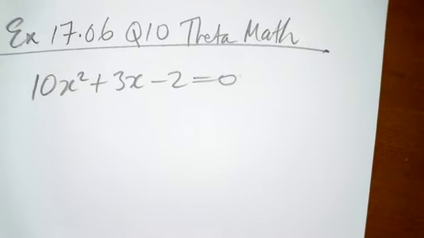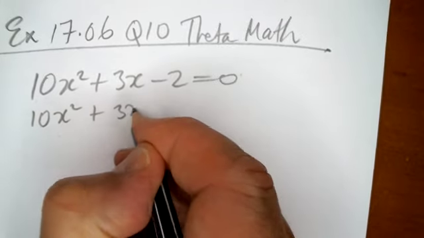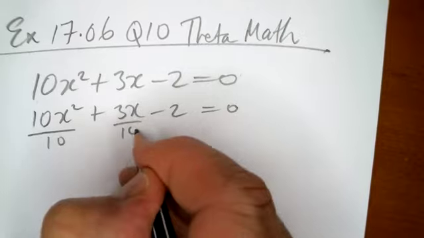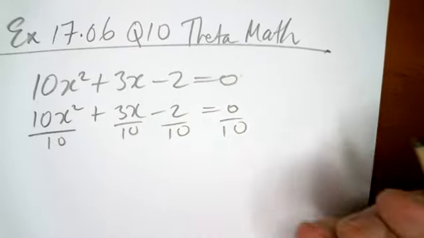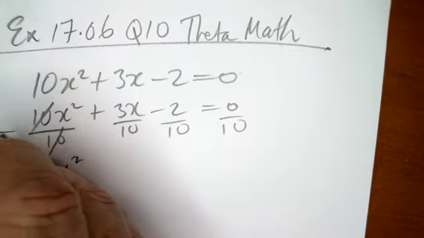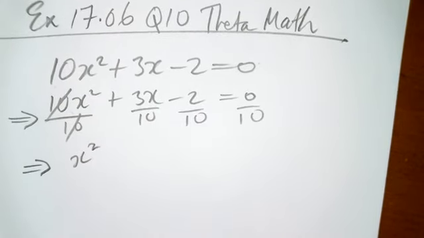So first step is I'm going to take everything and divide it all by 10. So divide this by 10, this by 10, this by 10, and this by 10. So 10 divided by 10 leaves me with an x squared. Now, I'm going to use implies signs here. It just adds to the flow of the direction of movement of the equation.